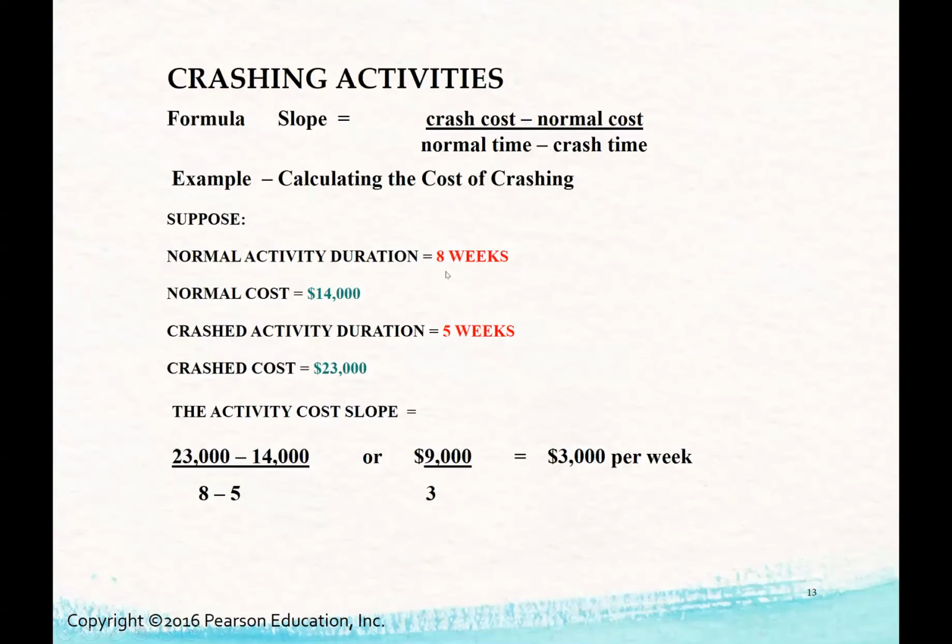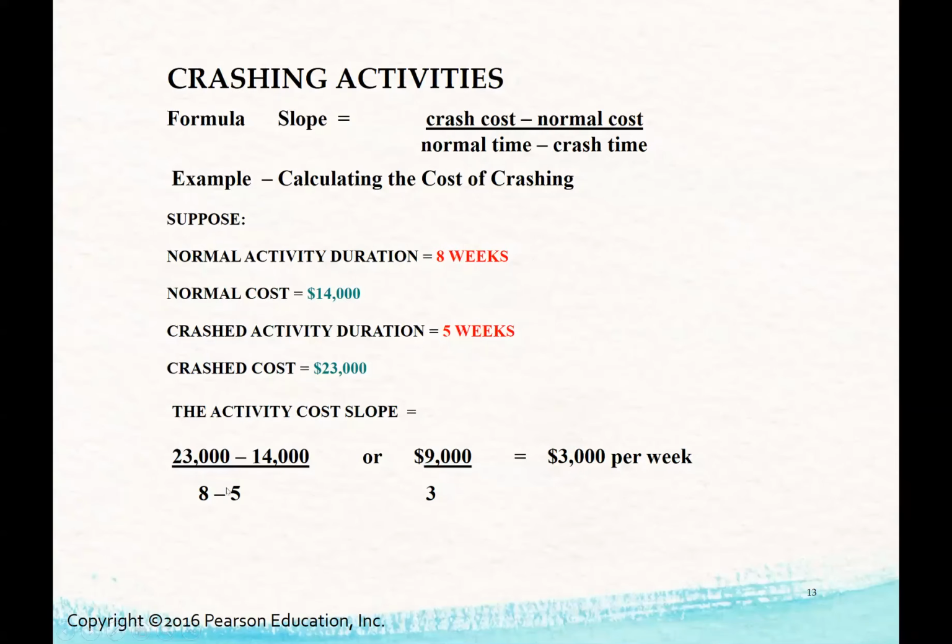So if we have a normal activity that's 8 weeks at $14,000, our crash activity duration is 5 weeks at a crash cost of $23,000. We're just plugging all of these numbers into the formula to figure out how much it would cost for that activity to be crashed per week or per day.